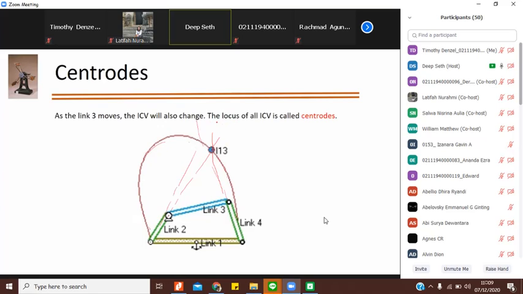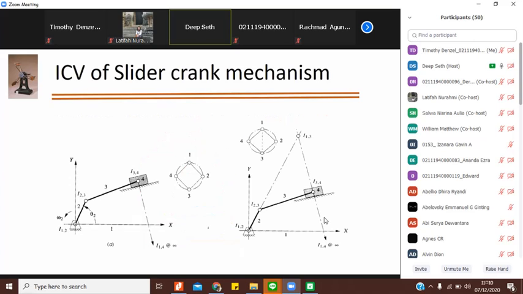So this is the locus of all ICBs. That's called centroids. Okay. So you're just finding the locus of all the ICBs, and that is called a centroid. So what is the locus of all the ICBs? That will be called centroids.